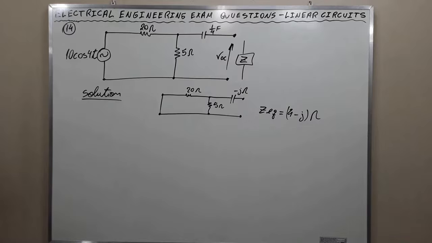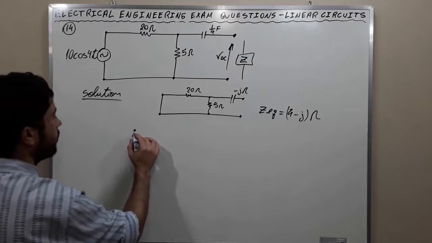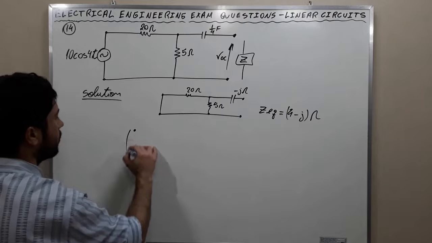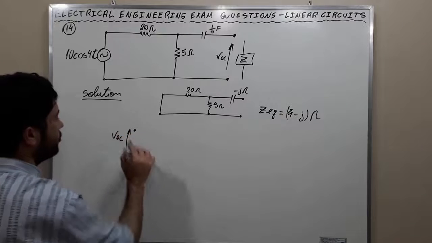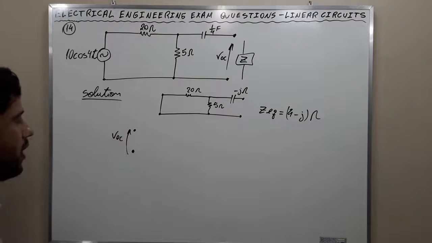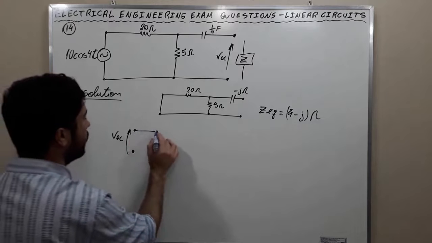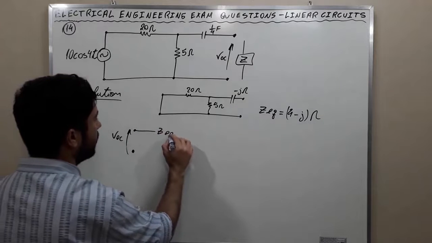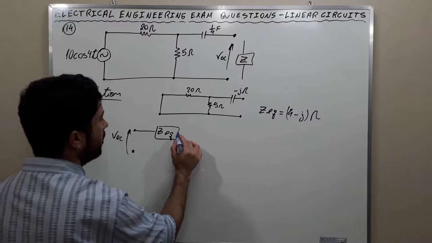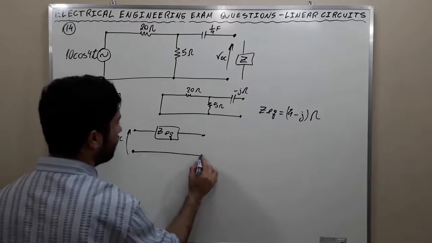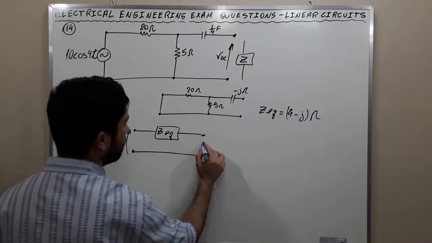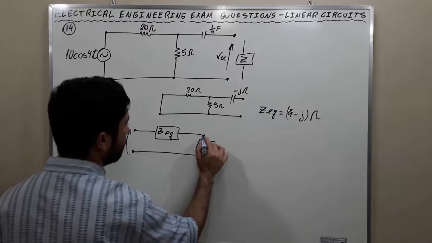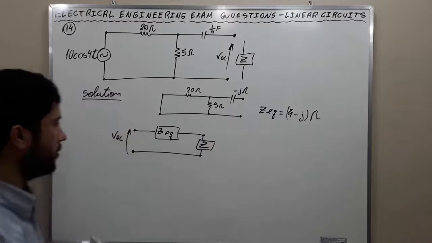If we open it, we calculate the VOC, and then the Thevenin's equivalent circuit would be VOC, which is a value in series with this equivalent impedance, and then the load here. Alright?